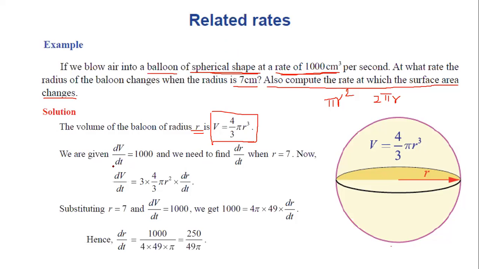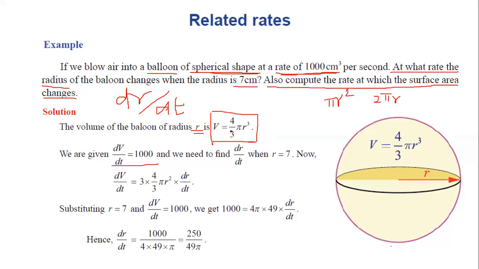That means dV by dt is given, where t is in seconds. And we need to find dr by dt, the rate of change of radius. If r is the radius, then dr by dt is the rate of change of radius.